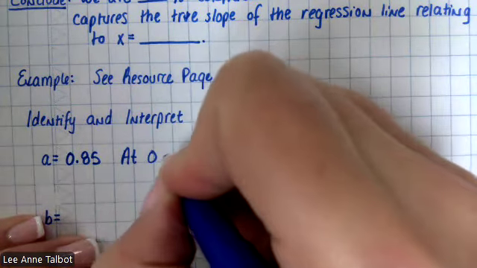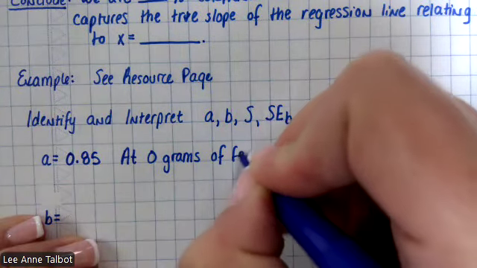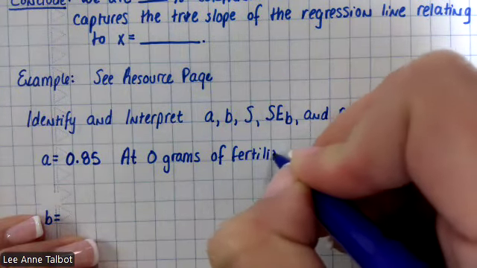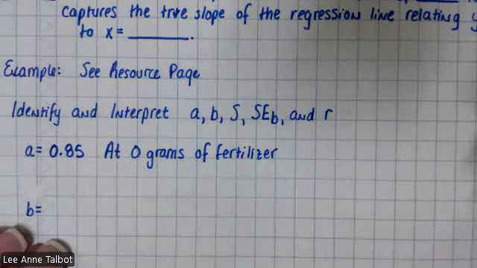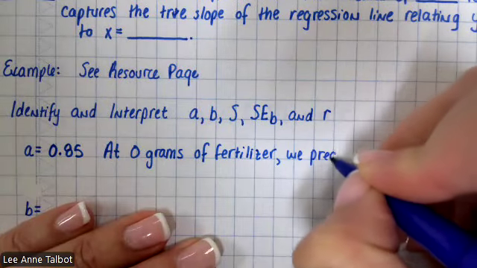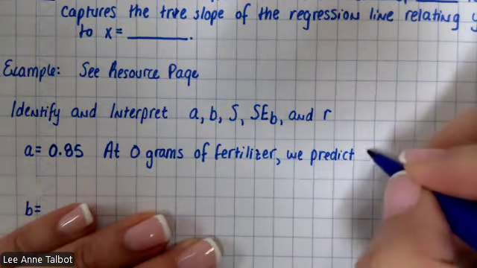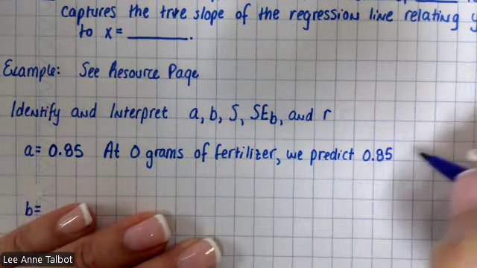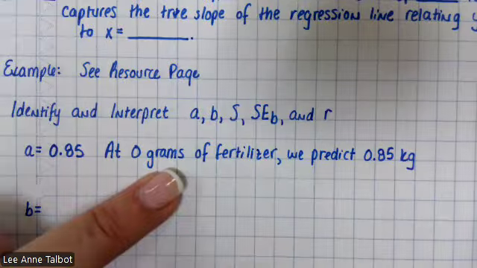0.85 at 0 grams of fertilizer, we predict 0.85. Oh no, I wrote out, I'm just going to say kilograms like that.